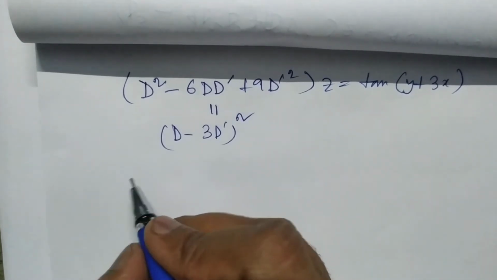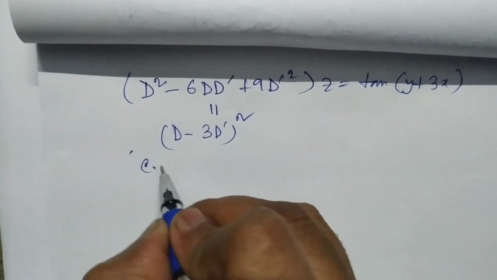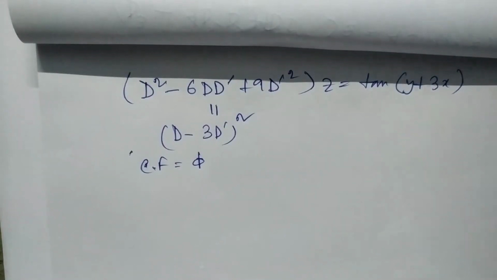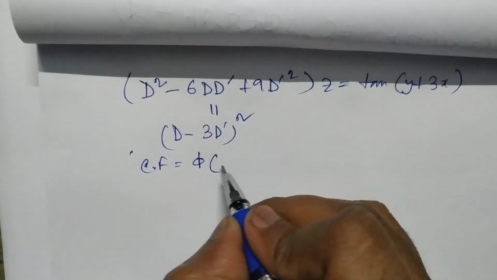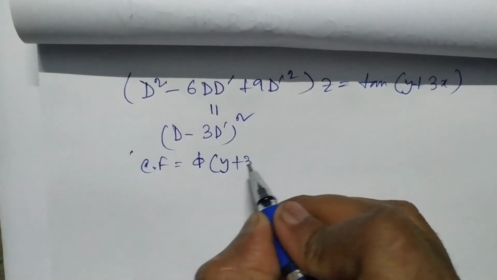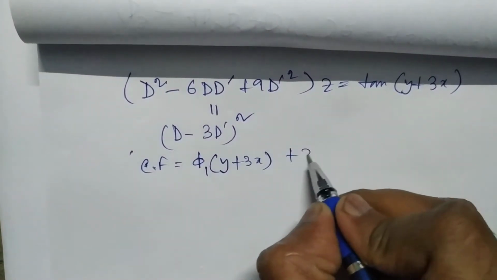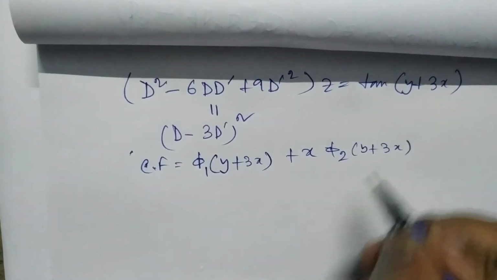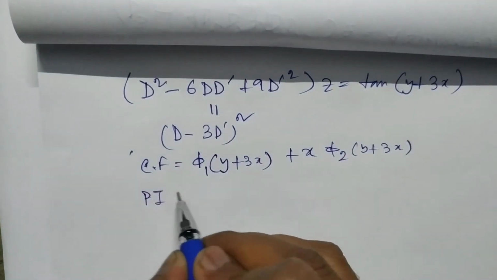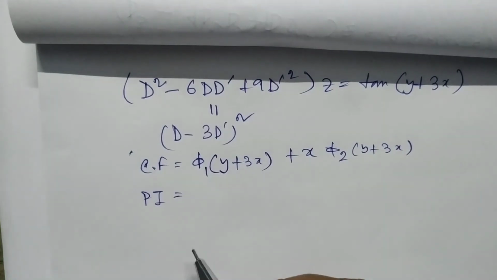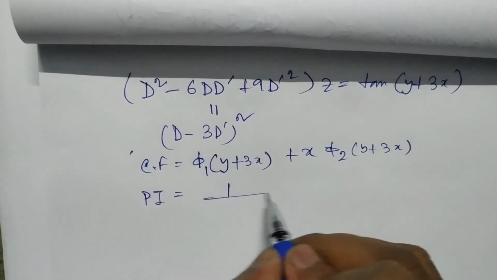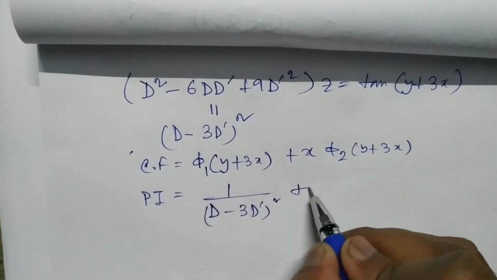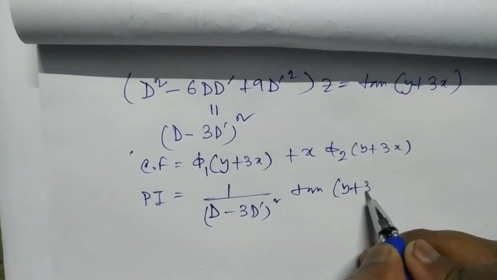So CF will be simply phi1, an arbitrary function of y plus 3x, plus x phi 2 of y plus 3x, and pi for this part, d minus 3d dashed square on tan of y plus 3x.